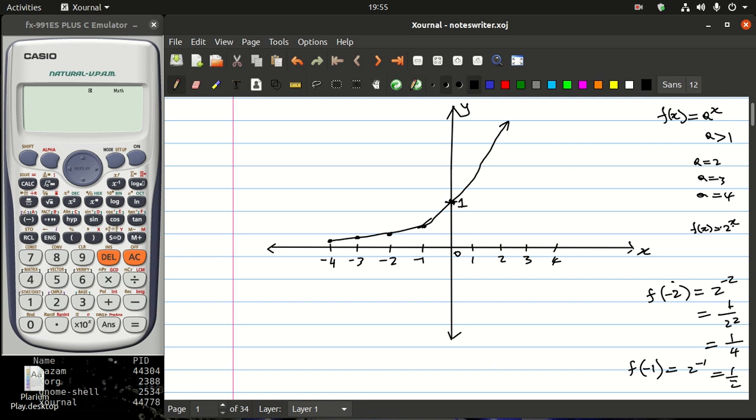If I'm placing a negative value here, I'm still going to get 1 over a positive value. So since this is positive, it's going to be 1 over positive, which is positive. Positive over positive is going to be positive. So here we always go in this particular direction.